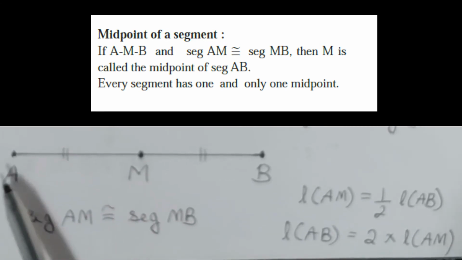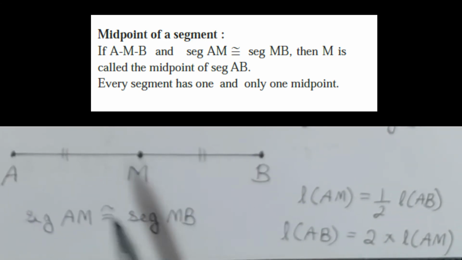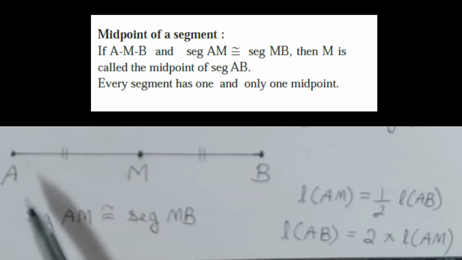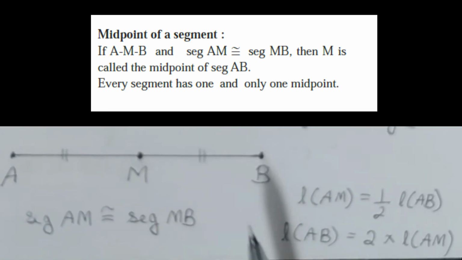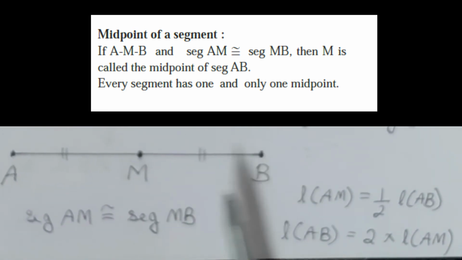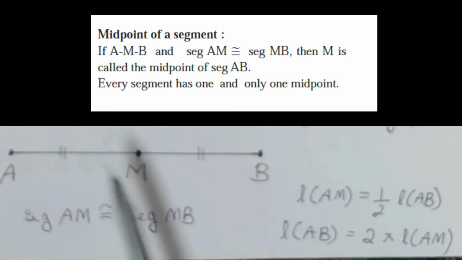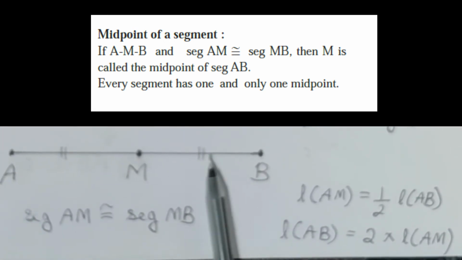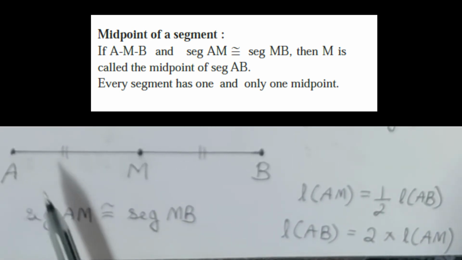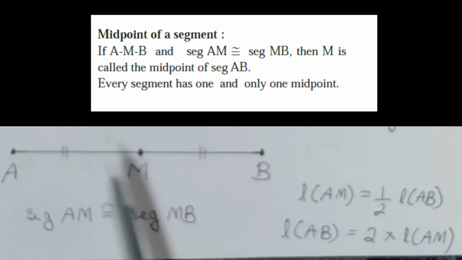This means the full length AB will be 2 times of length AM, or length AB can also be 2 times of length MB, because AM and MB are congruent. So length AB is equal to 2 times of length AM, and AM will be half of length AB.